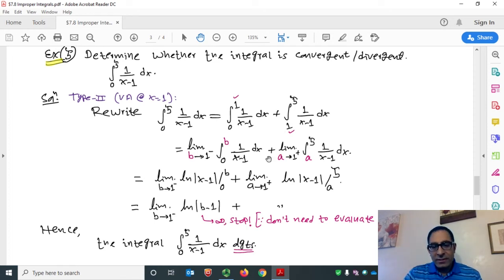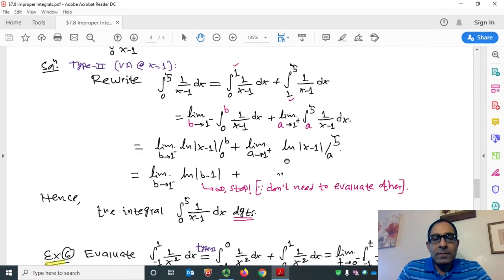And then plus as it is. Similarly in the second integral, pick a number bigger than 1, so I pick a. Let's evaluate this definite integral of 1 over x minus 1 from a to 5, and then take a limit. This number approaches 1 from the right side. I hope this setup makes sense to you all.